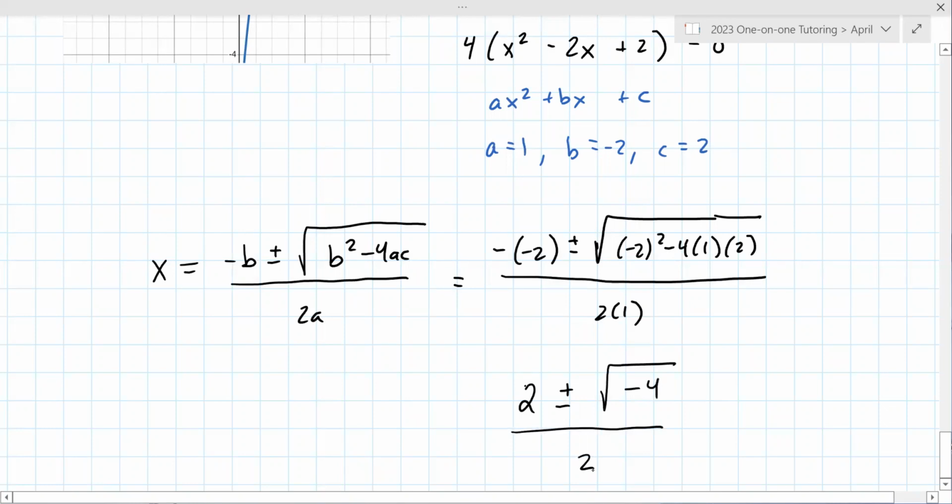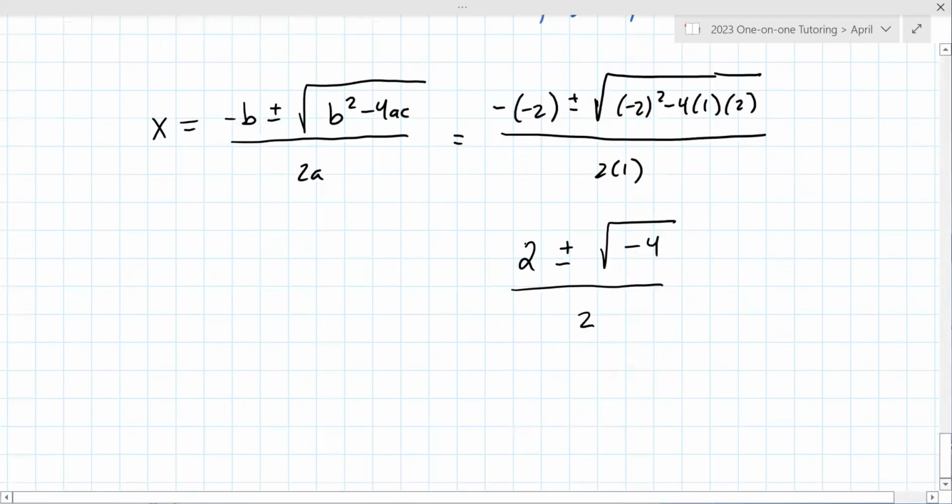Do you remember how to reduce the square root of -4? You can take out something like, I don't know, 2, and then leave it as i. So the square root of 4, though, is known. And if you multiply it by -1, you can break that apart. And that's where the i comes from.